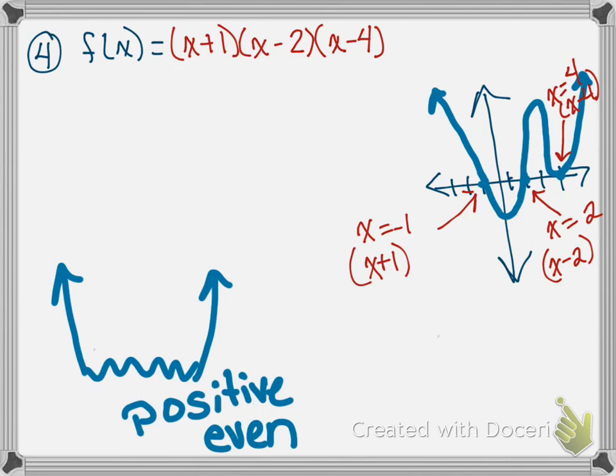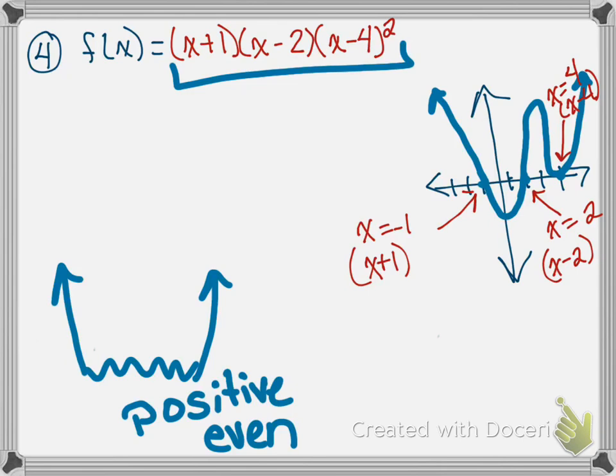So that means it touches it and it changes direction. So that has a multiplicity of 2. And if we were to multiply this out, and I'm not asking you to multiply this out because you would end up with 2 trinomials times each other, then you would have your polynomial. But all I'm asking for is this set right here multiplied together, and that is your answer.